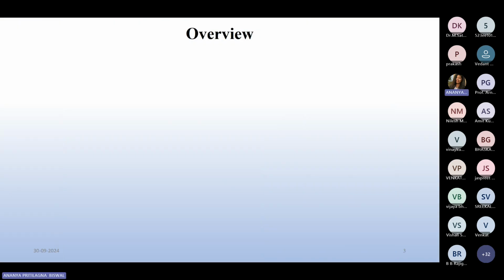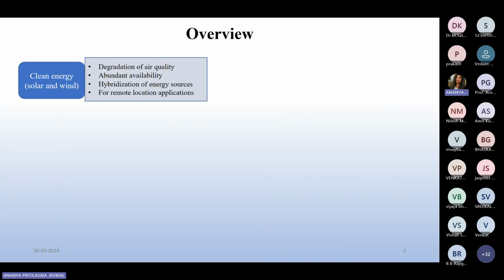So coming to the basic overview, as we know in today's scenario, there is very much degradation of air quality. The particulate matters in the air are increasing day by day. So we are moving towards clean energy like solar, wind, biomass, etc., which is not only abundantly available but also available free of cost.